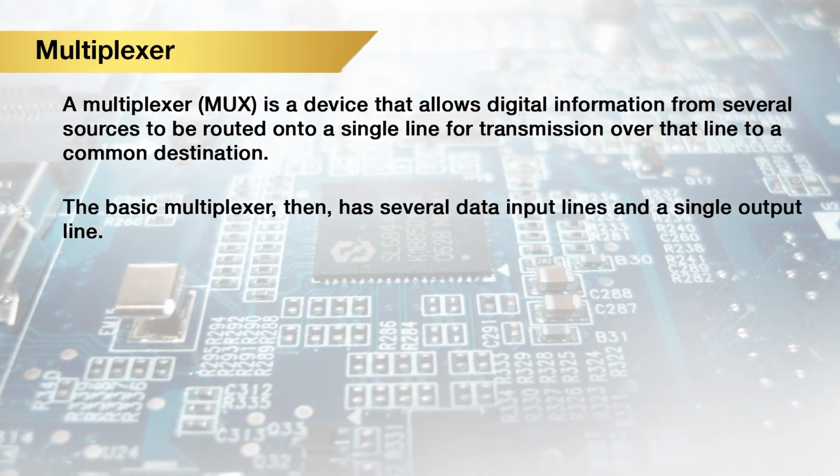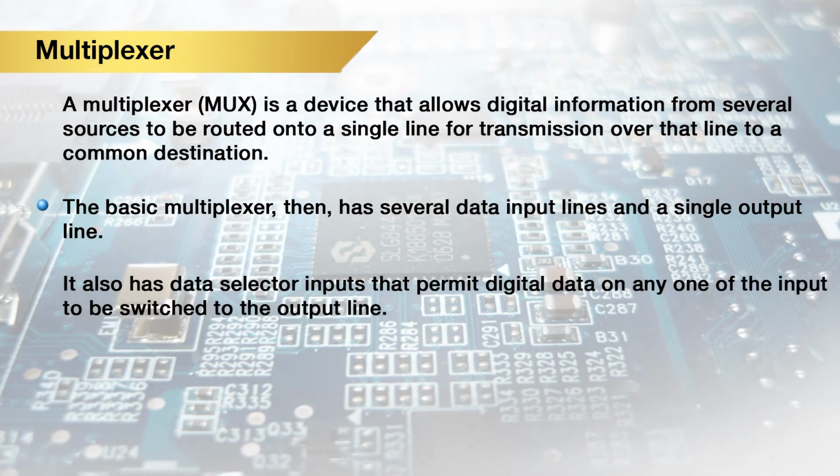A multiplexer is a device that allows digital information from several sources to be routed into a single line for transmission over that line to a common destination. The basic multiplexer then has several data input lines and a single output line.